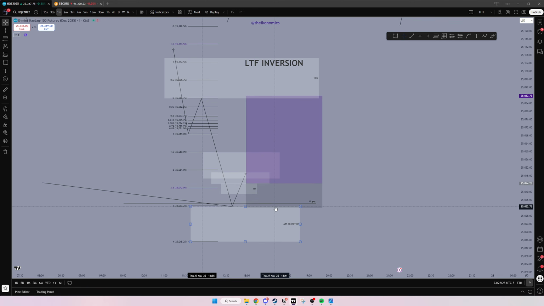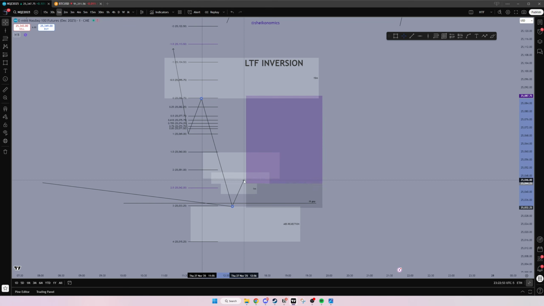In cases like this, sometimes you can enter off a low time frame inversion because the setup looks great, you're super confident about the draw, and you're willing to take the risk and not wait for a higher time frame inversion. But only do this if you're super confident about the draw, about the setup, and you have protection on your stop loss. So for example, this SMT right here gives protection at your stop loss. We shouldn't necessarily resweep this if we're getting the inversion.